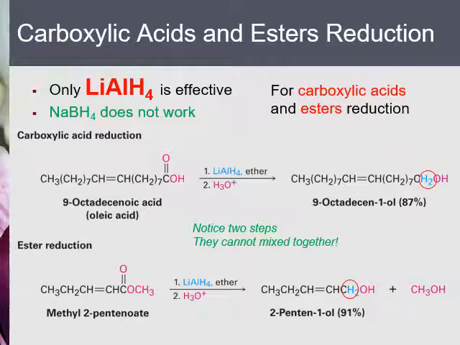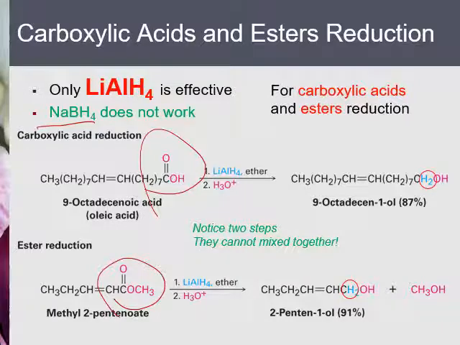In the last slide, we showed an example of aldehyde reduction using sodium borohydride as a reducing reagent. Ketones are similar. Sodium borohydride also reduces ketones into alcohols. Now, if the reactant involves a carboxylic acid or ester as the functional group, then these 2 functional groups are at a higher oxidation level than ketones and aldehydes.